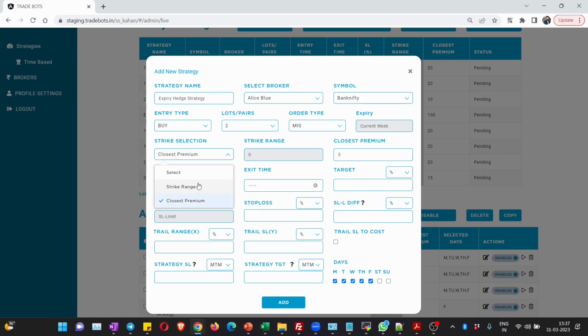So hence my suggestion is just to go with closest premium with 5 rupees, so that this algo will buy the OTM or deep OTM strikes which are at 5 rupees premium. And entry time, suggestion is you can buy any time in the morning. But it's better if you buy like 1 minute before, or you can also actually buy it in the morning. It doesn't really matter.